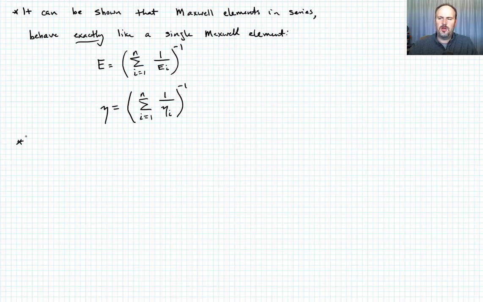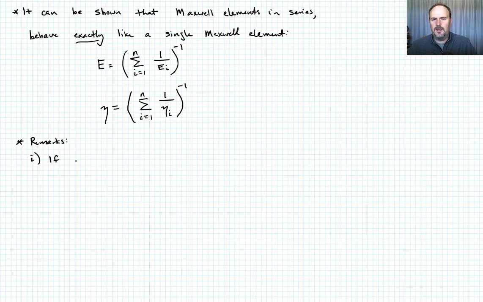Let me give you a few concluding remarks. Number 1. If an element in the generalized Maxwell model is supposed to be a pure spring, then we set eta to infinity, and if it's supposed to be a pure dashpot, then we set E to infinity.